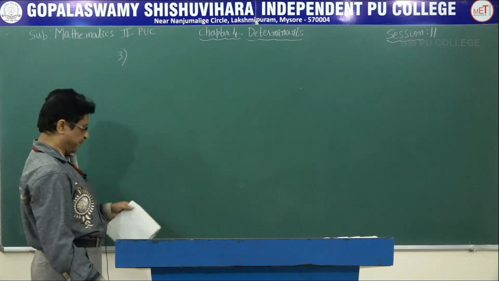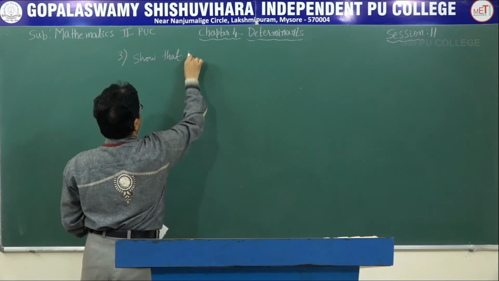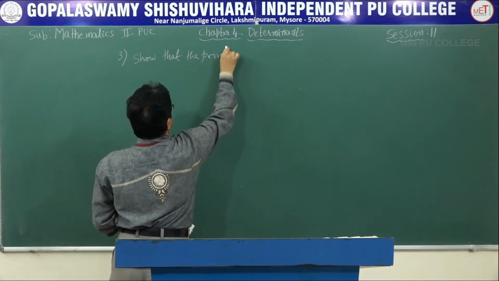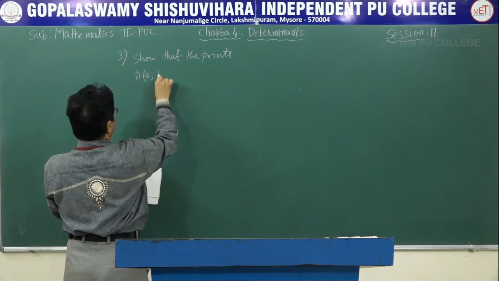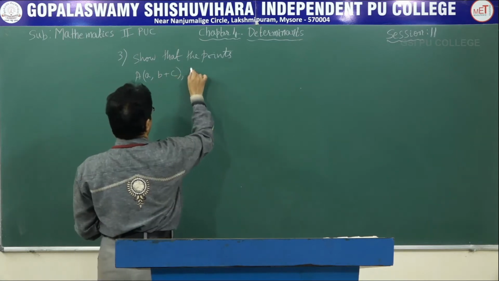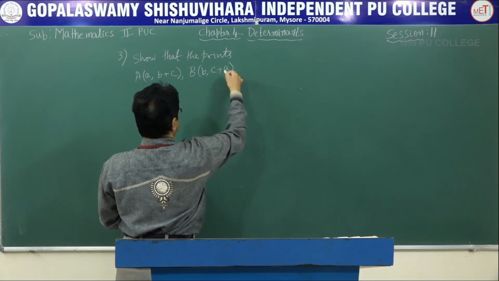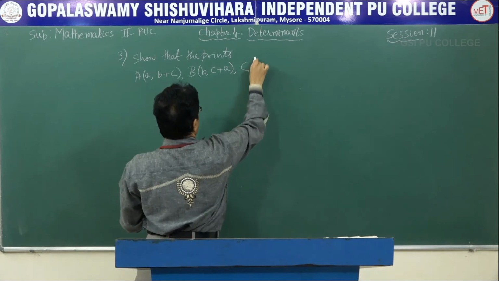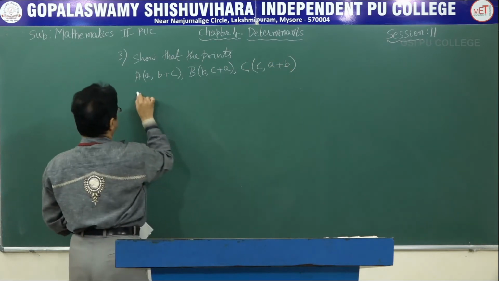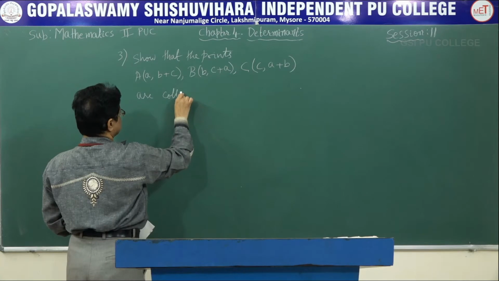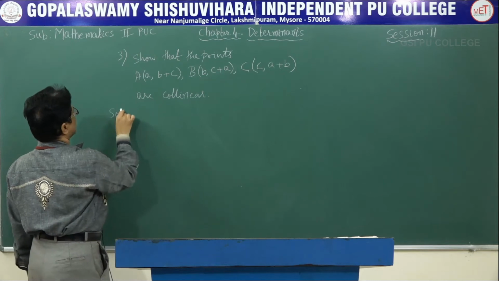Next problem, problem number 3. Show that the points A(a, b plus c), B(b, c plus a), C(c, a plus b) are collinear. Solution.